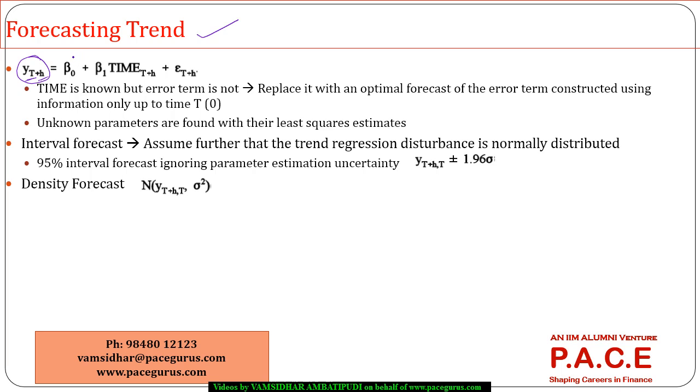So the formula has beta naught, the coefficients and their variables, time t plus h, and epsilon t plus h. Time t plus h is already known, because if it is November 2016, the number is 191, December 2016 will become 192, Jan 2017 will become 193, and so on.